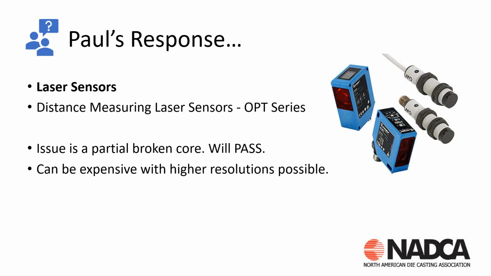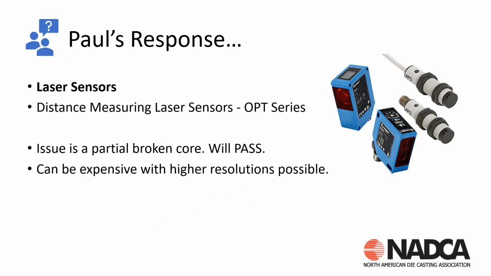These lasers have the ability to measure from a distance for the presence of a core in a die-cast die or a core or punch in a trim die. So the one drawback of using lasers is, if we get a partial broken core and the laser is sensing the base of the core, and then just the tip breaks off, the casting is still going to pass. So it's going to allow it to produce with a partial broken core.